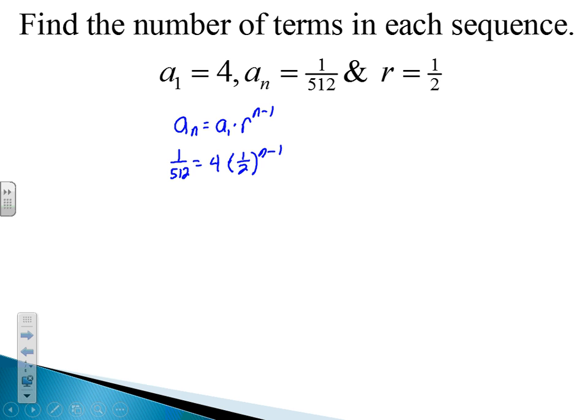Now, at this point, what we're going to do is divide both sides by 4, because we're trying to isolate our variable.